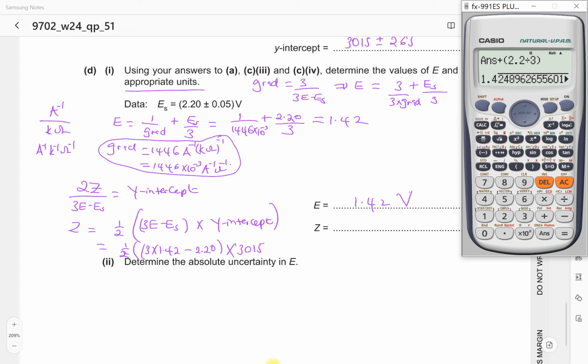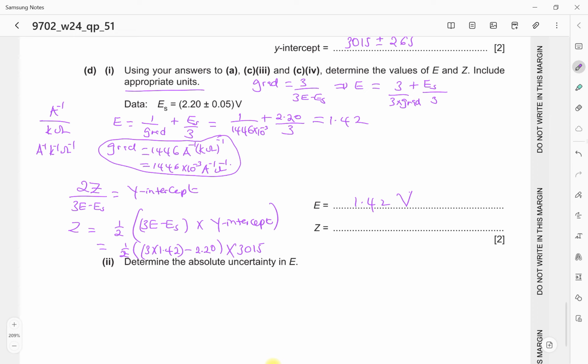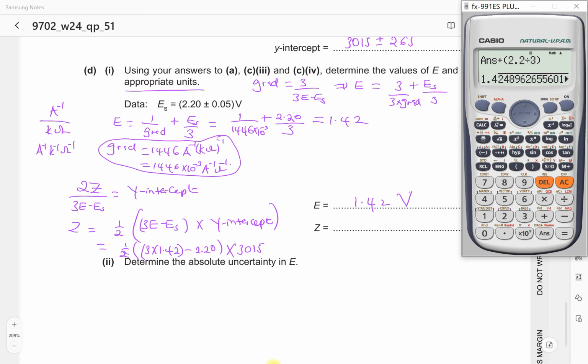So I'll just press my calculator. Three times 1.42 minus 2.20, then the answer times 3015, then I divide this by 2. So it's 3105 approximately.